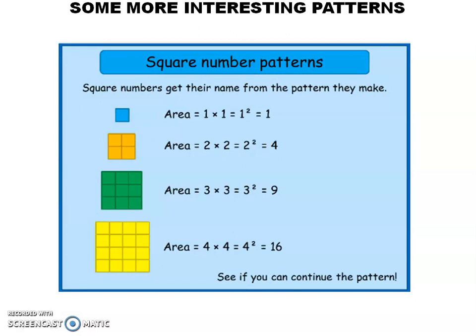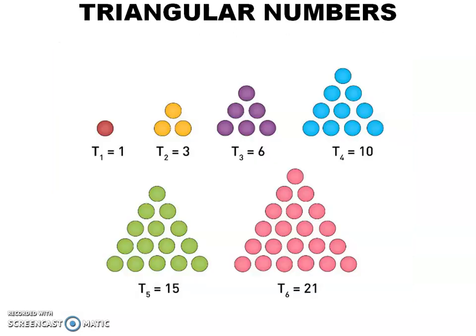Next, let us see another pattern. If square is there, triangle also should be there, isn't it? Triangular numbers. Nice to see the balls, right? So here 1 is a triangular number. To make a triangle, an equilateral triangle, you need 3 more balls. 1, 2, 3.